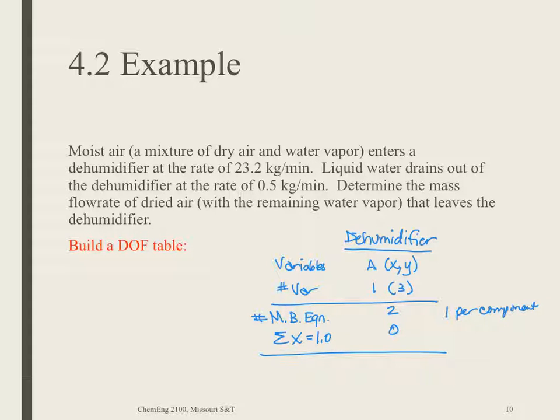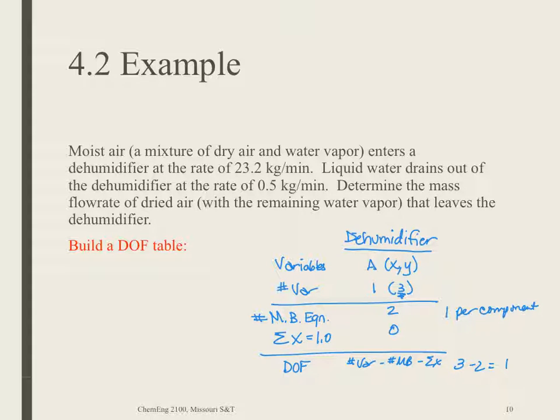And then I figure out my degrees of freedom. I'm going to take the number of variables minus the number of material balances minus the sum of X's. In this case, for the total system, I get 3 minus 2 equals 1. That means I have 1 degree of freedom left.